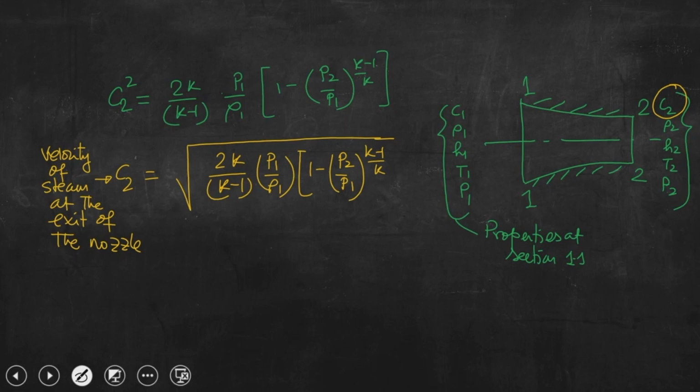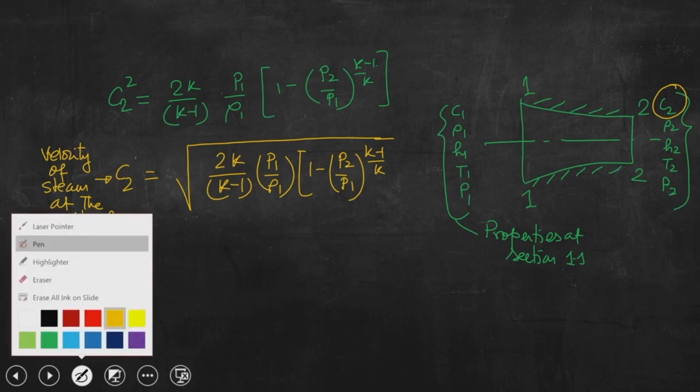Once we have calculated the velocity of steam at the exit of the nozzle, we also can calculate the mass flow rate, because we wanted to have the expression of mass flow rate of steam at the exit of the nozzle. That is very important. Now, from the expression that we have established today for the exit velocity, k is constant. We can see k, P1, rho 1 and P2 by P1.